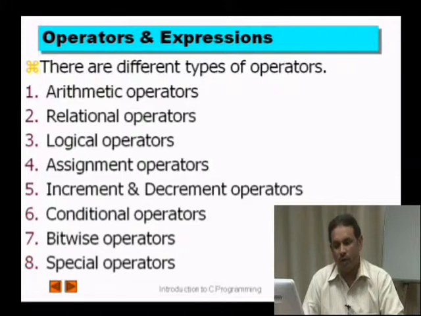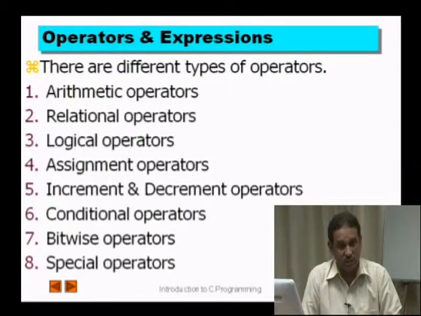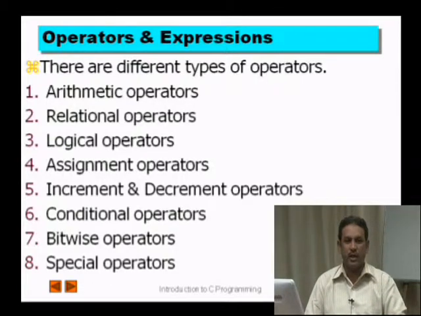Then we have the conditional operator, a special operator also called the ternary operator, a combination of the question mark and the colon operator, which is very useful for comparison. It has 3 expressions: if expression 1 is evaluated and is true, then expression 2 is assigned; if expression 1 is false, then expression 3 is assigned.